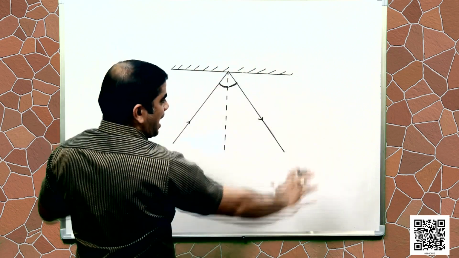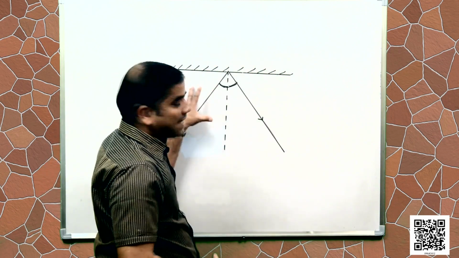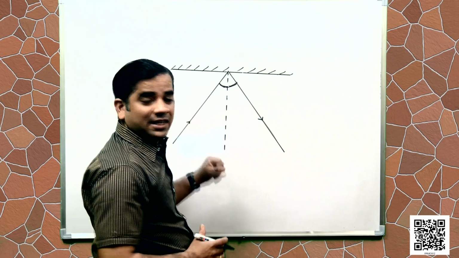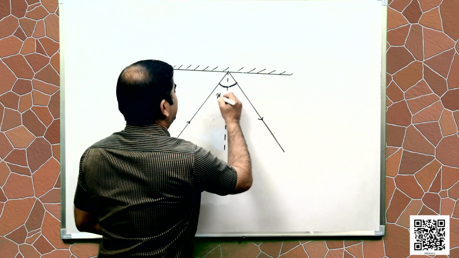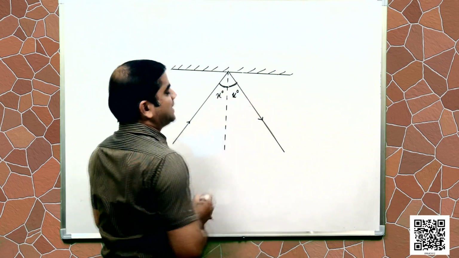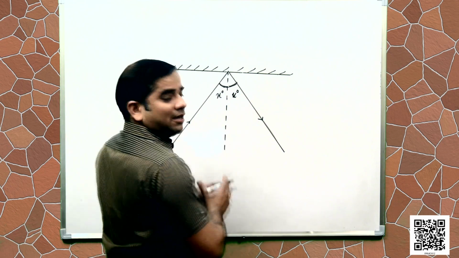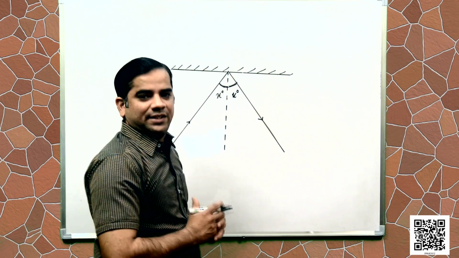So, this is a plane and they lie on the same plane. In this case, both the angles have the equal value. Suppose this is x degree, this is also x degree. They are exactly equal to each other.